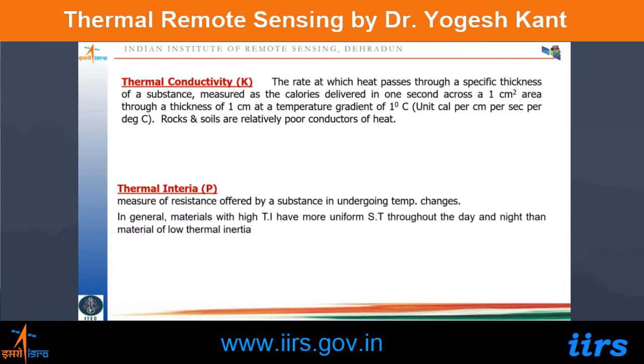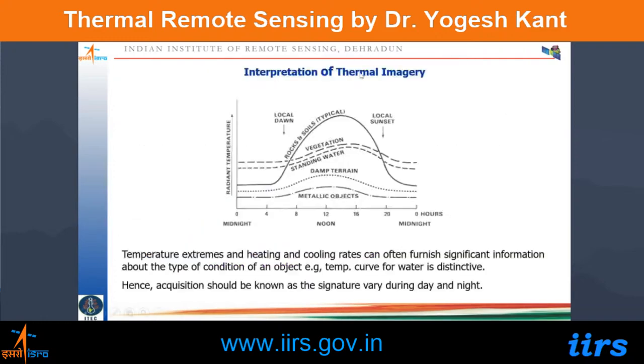If we see, these are some of the characteristics of some of the materials, for example rocks and soil, vegetation, water, damp terrain, and some metallic objects. If we see the diurnal variation, this is 24 hours from midnight to midnight, and how it varies from the start of sunrise to sunset. The rocks and soils during the daytime, as I said, have low heat capacity or low thermal inertia.